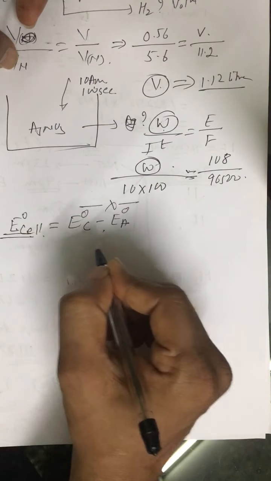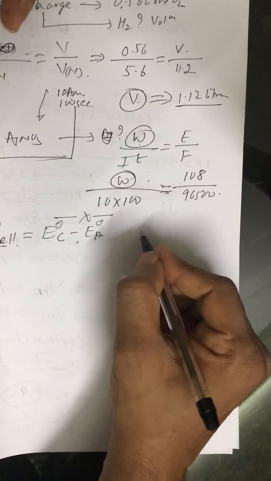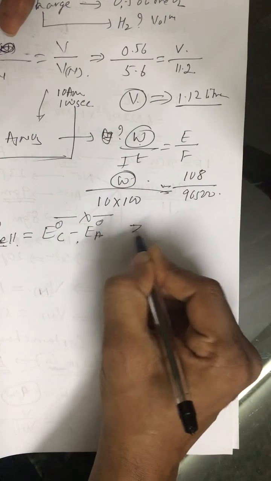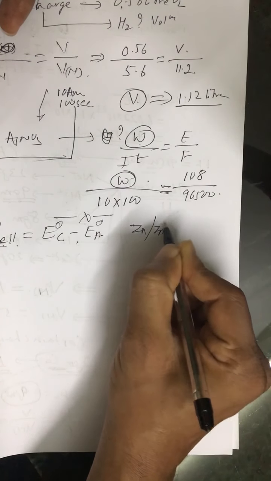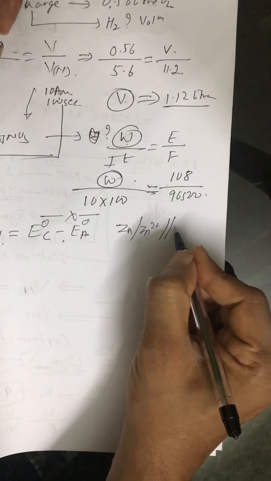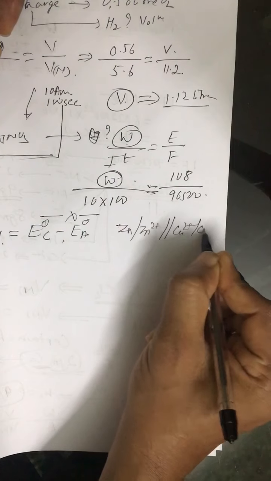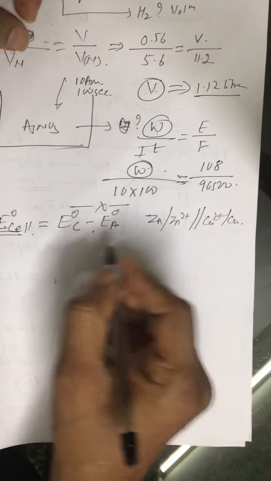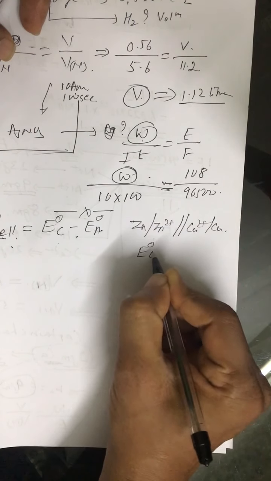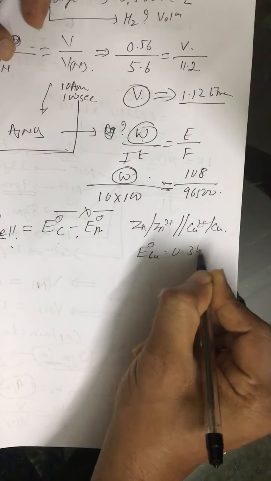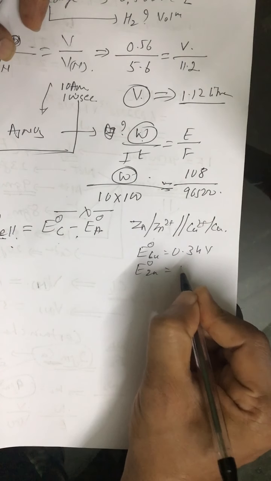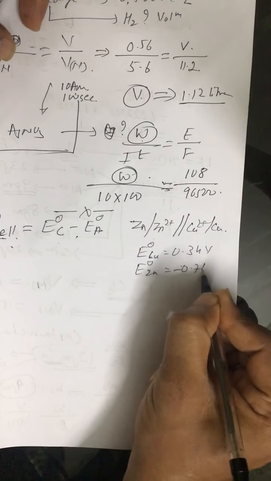Normal E0. Alright, suppose we are given one cell, that is zinc and zinc 2 positive, then we have salt bridge, and then we have copper 2 positive, and we have to calculate E0 cell. So E0 of cathode or E0 of copper is given 0.34 volt, E0 of zinc will be given minus 0.76 volt.